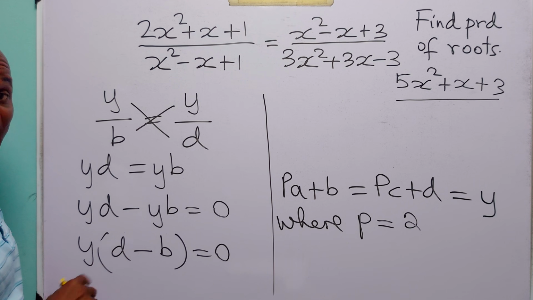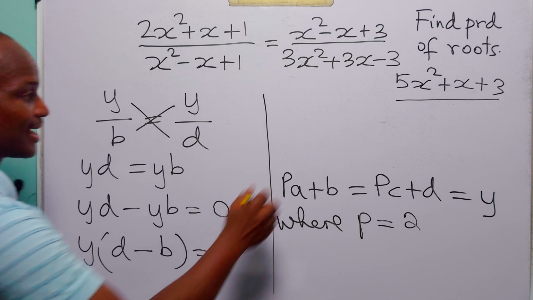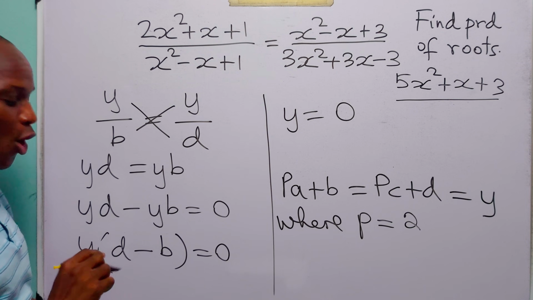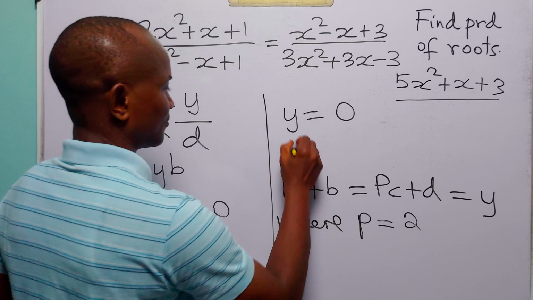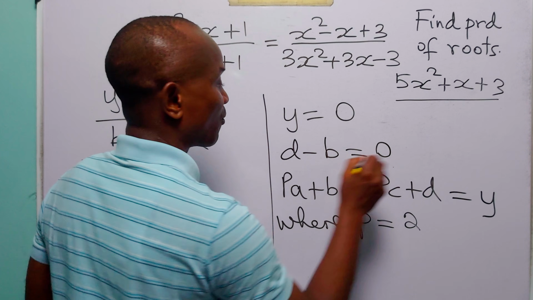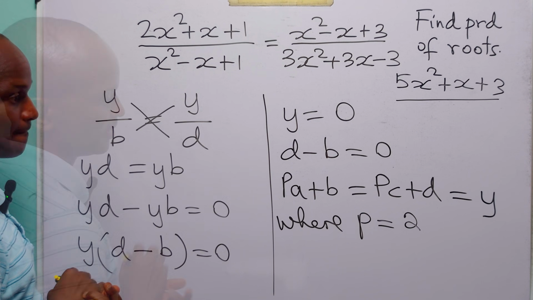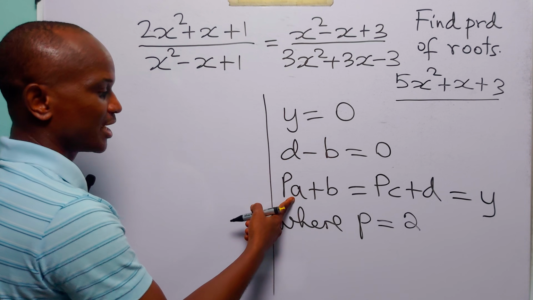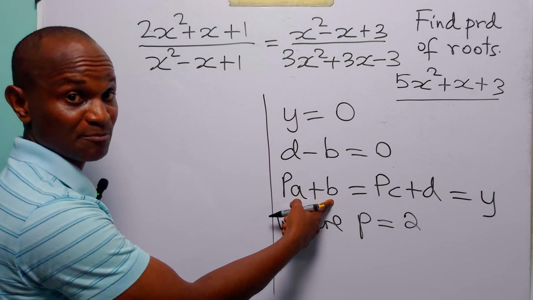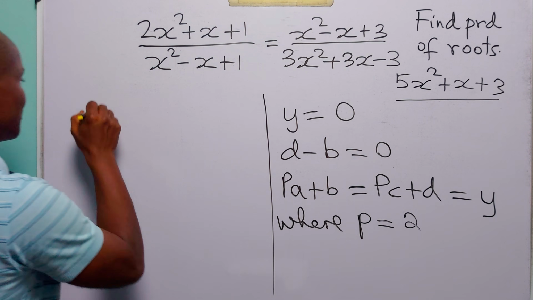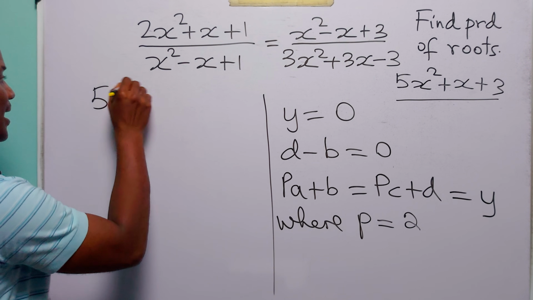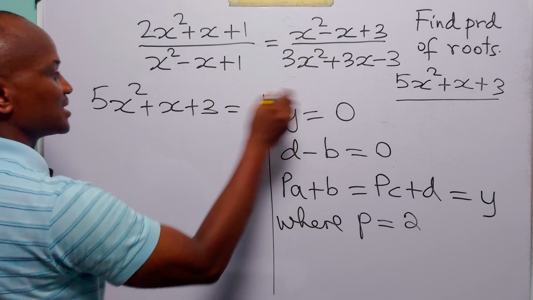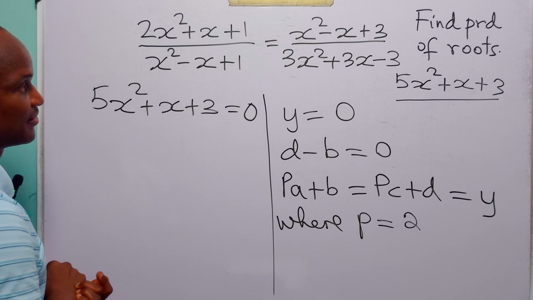And of course, from here, it's very easy to see that either Y is equal to 0 or D minus B is equal to 0. And of course, we have shown that Y, which is 2 times A plus B, is equal to 5x squared plus x plus 3. So this is equal to 0.